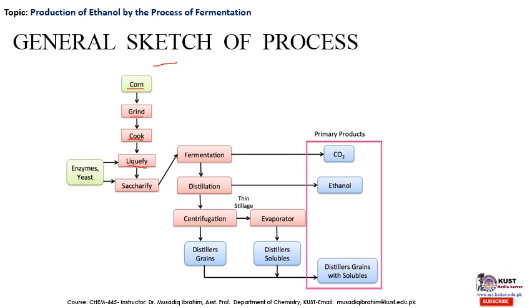Now when the corn has reached the liquefied stage, at that stage the enzymes and yeasts are added to the liquefied corn. Now the next step is to saccharify. So saccharification is to convert into a simple soluble fermentable sugar by hydrolyzing a sugar derivative or complex carbohydrate.